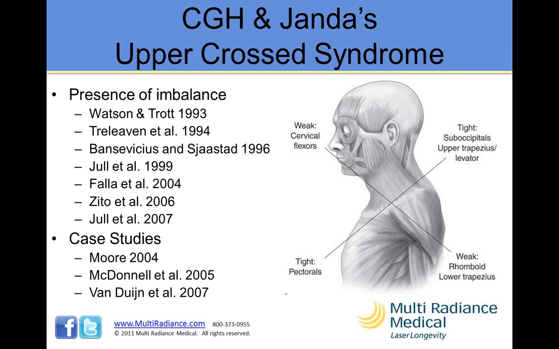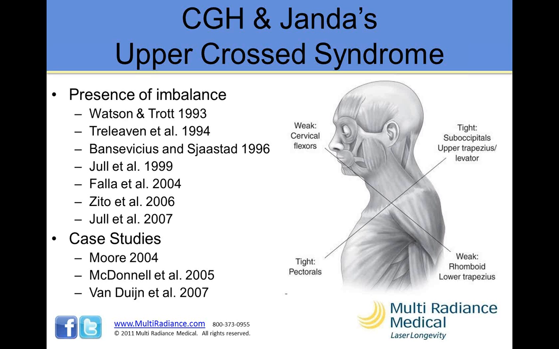When I looked at the literature in terms of chronic neck pain and cervicogenic headaches, I was very interested to see that many studies basically agreed that these patients have the presence of the characteristic upper cross syndrome of muscle imbalance that Janda described: the weak, deep neck flexors with weakness of the lower trap and rhomboids, which are countered with the tightness of the pectorals and the upper trap, levator, and suboccipital muscles.